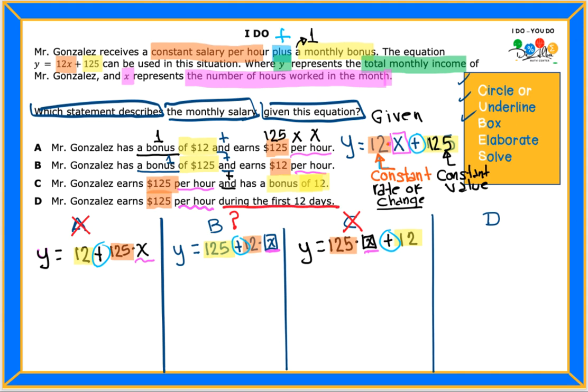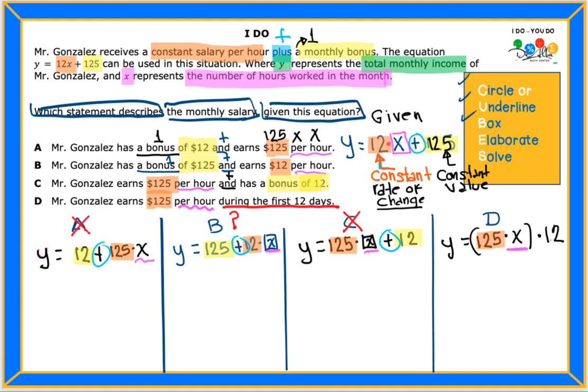So here looks like the monthly salary Y is gonna be 125 per hour, and that's gonna be in 12 days. So all this needs to be repeated 12 times. This 125 is the rate of change. Put it in orange, remember? And this I put it in pink.